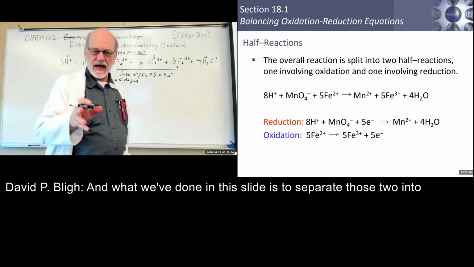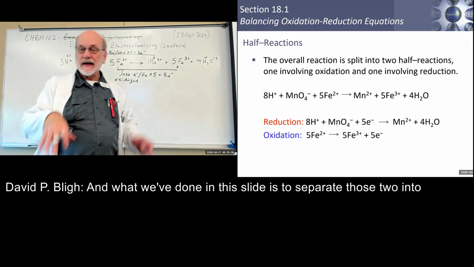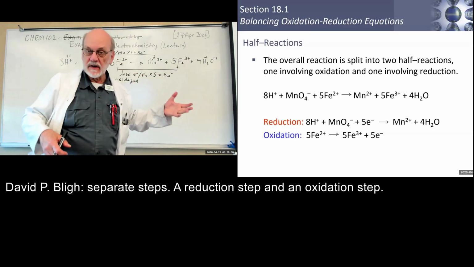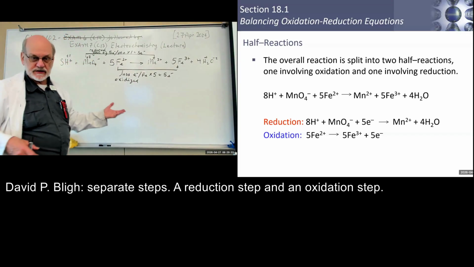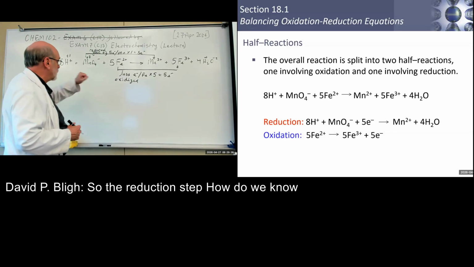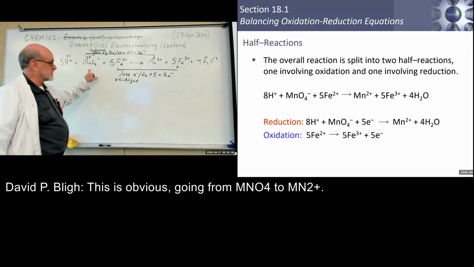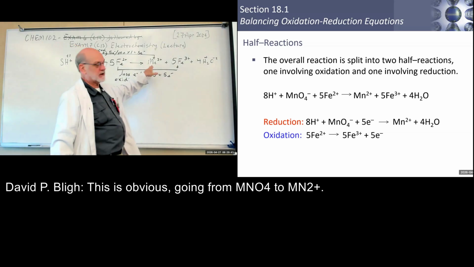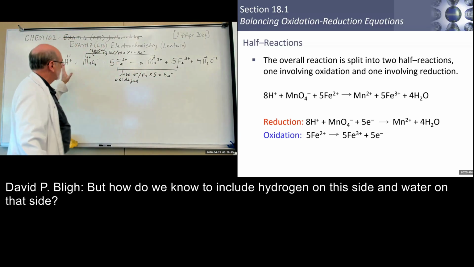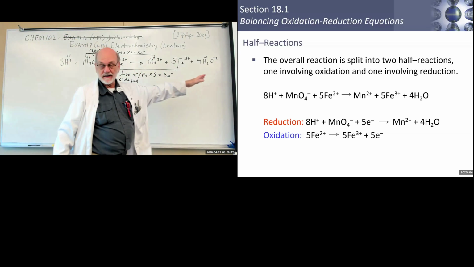And what we've done in this slide is to separate those two into separate steps, a reduction step and an oxidation step. So the reduction step, how do we know? This is obvious, going from MnO4 to Mn2+. But how do we know to include hydrogen on this side and water on that side?